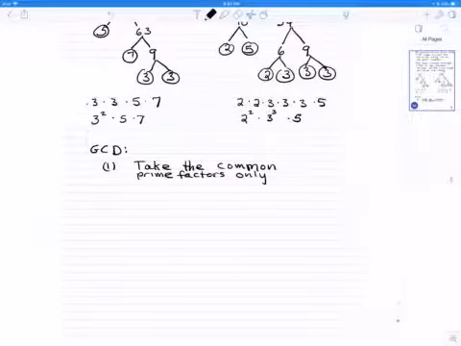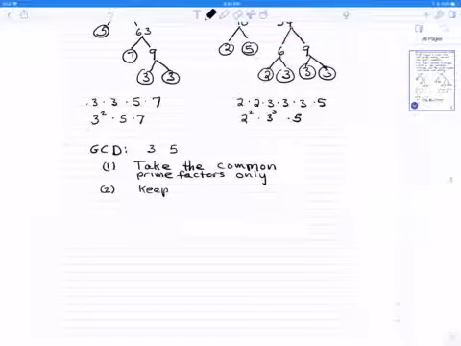Both numbers have a 3. And the 5. Now, if any of those prime factors have exponents, keep the smallest exponent from each.